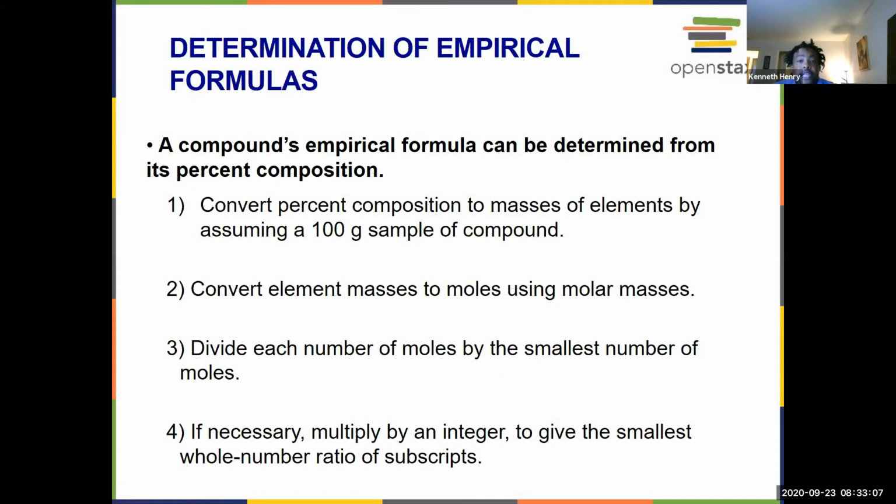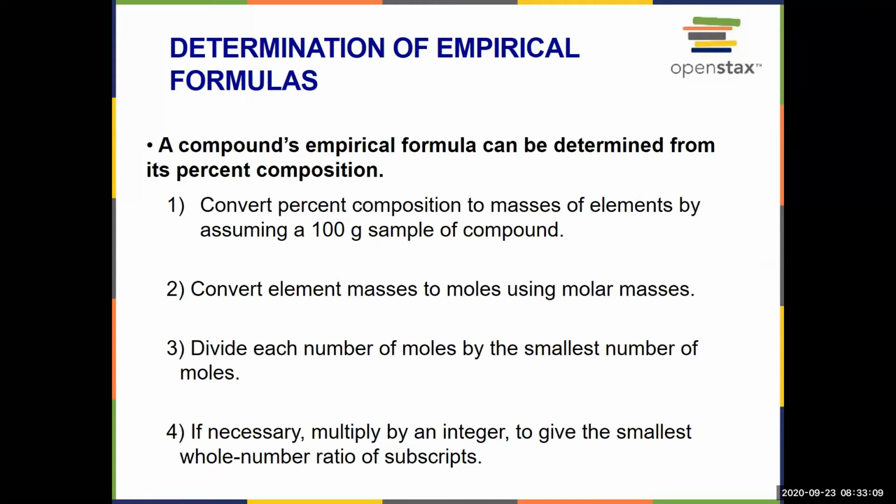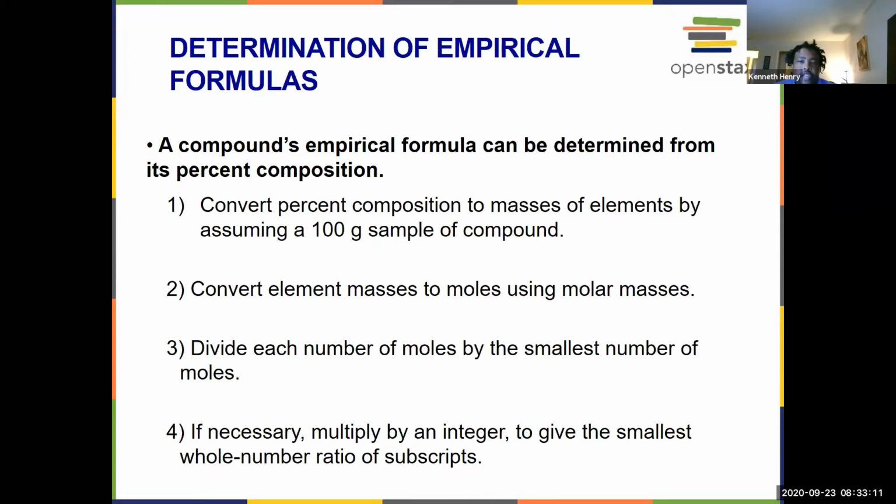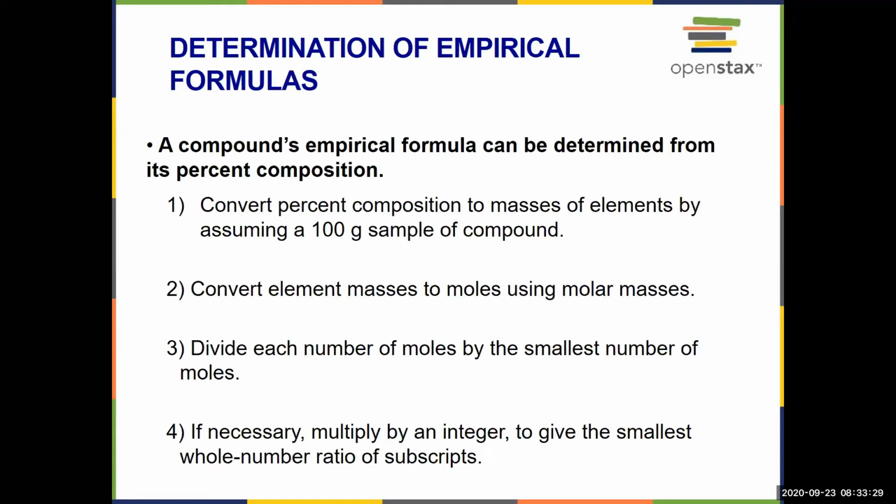So if you're given the percent composition, what are we going to do then? And how will we use that to determine the empirical formula? I think we talked about this on Monday.